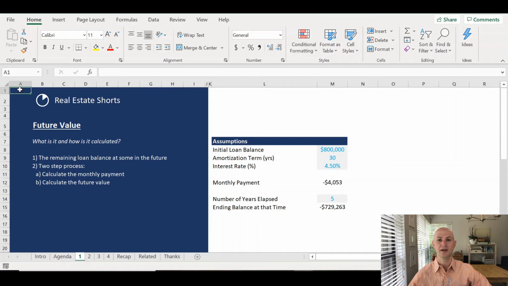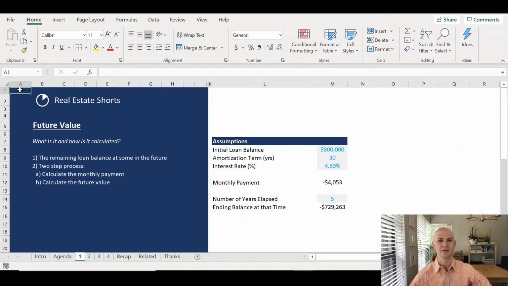So as always, first things first, what is it? It is an estimate of what you think a cash flow could be or will be at some point into the future. So this is very much a crystal ball type exercise where you are making your best guess based on assumptions, terms, to make an estimate for what could be into the future.